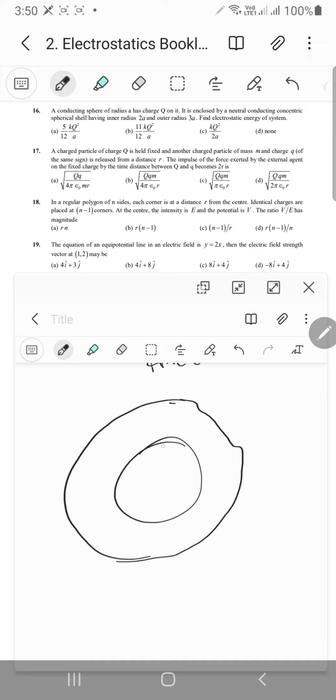Does this have any thickness? Oh, so it does have thickness. So it's 2a and 3a as the inner and outer radii. This is 2a, this complete thing is 3a, fine. And this has radius a. Okay, cool. It is enclosed by a neutral shell, and so on. Find the electrostatic energy of the system.